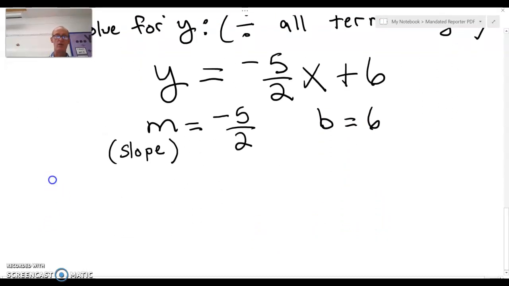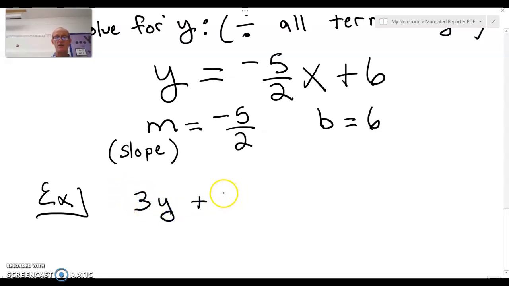Now let's do one more example like that, and sometimes it requires 2 steps. If I have 3y plus 7 equals 2x minus 12, and we'll make it 14 this time.